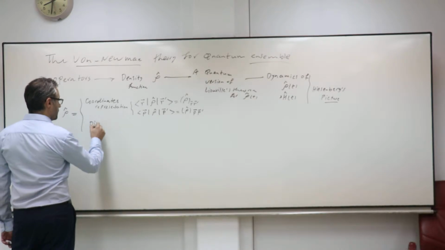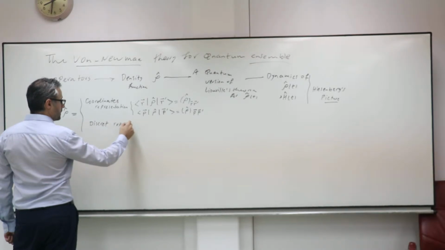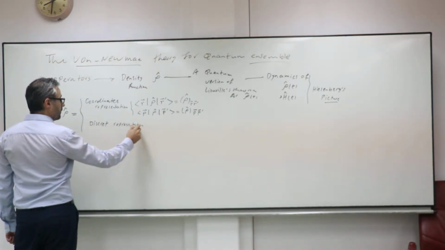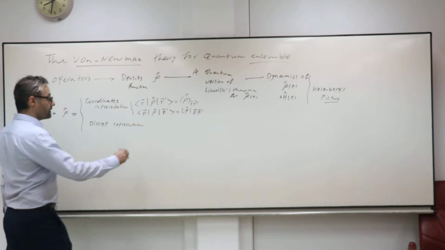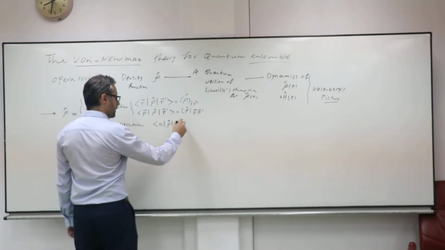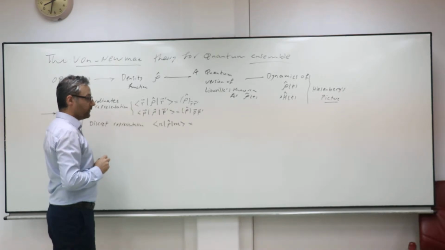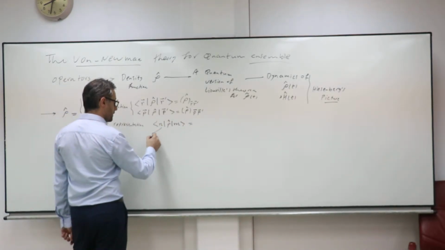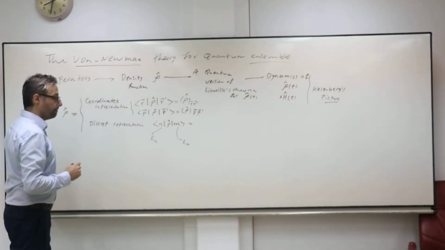And the other one is the discrete representation. When you have the eigenvalues of the Hamiltonian as a discrete spectrum over some real numbers, in this case we are looking for the density operator between two discrete states, n, which corresponds to energy level En, and m, which corresponds to energy level Em.